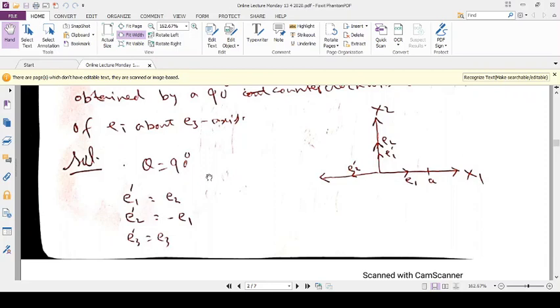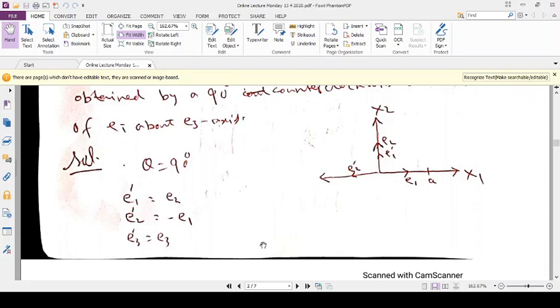Now we are given that our theta is 90 degrees, so simply you can write E1 dash equal to E2, E2 dash will be equal to minus E1, and E3 dash will be equal to E3.